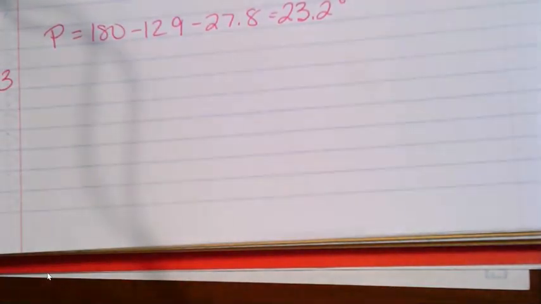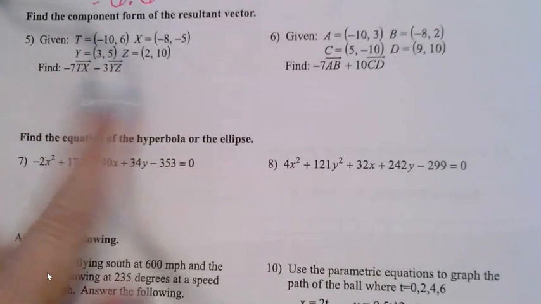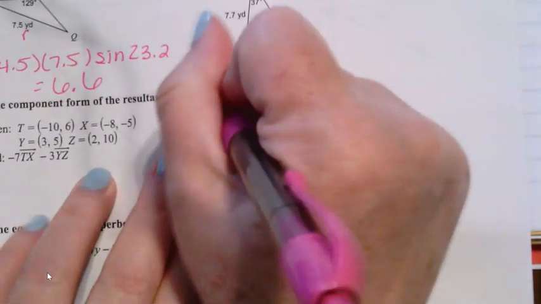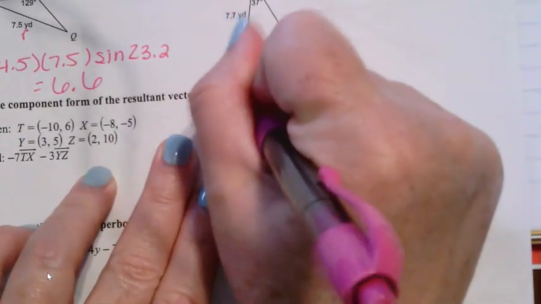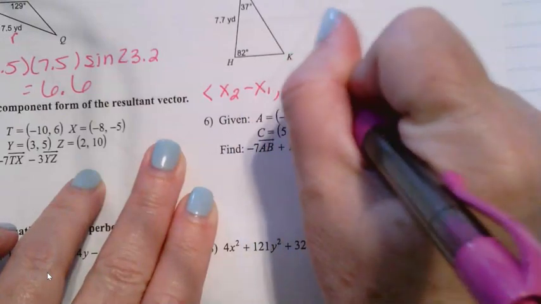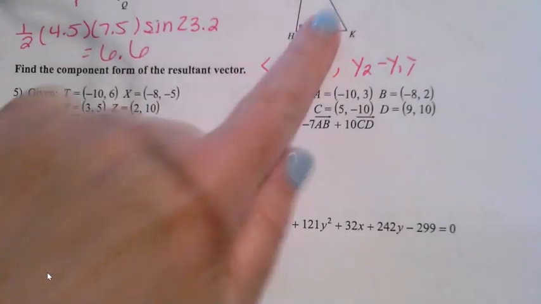What we're going to be doing is this component form. We have a lot of parentheses in here. So this is when we do x2 minus x1, y2 minus y1. So before I even start on this, we got to use this equation.